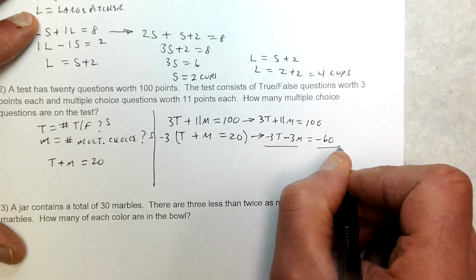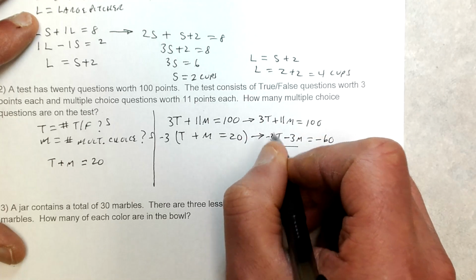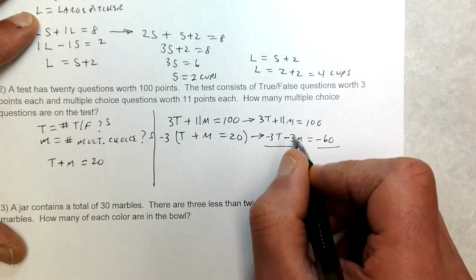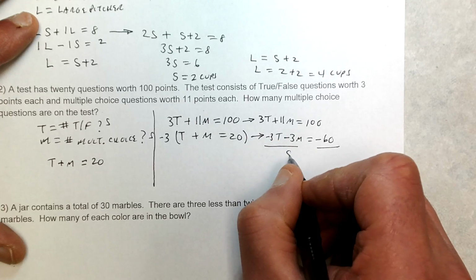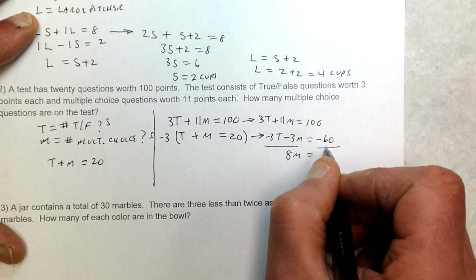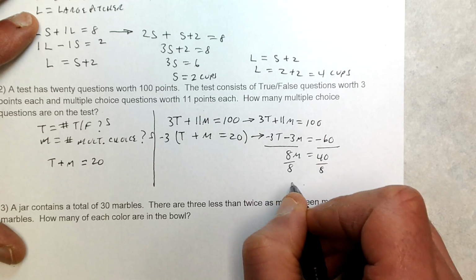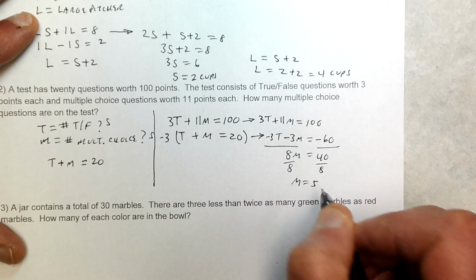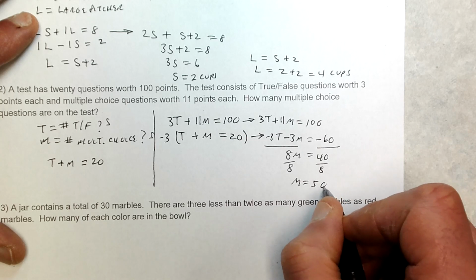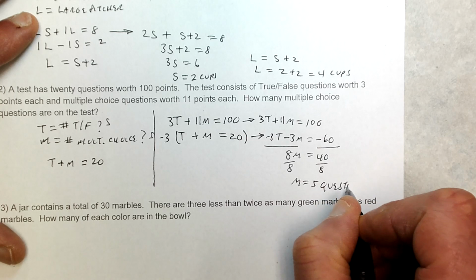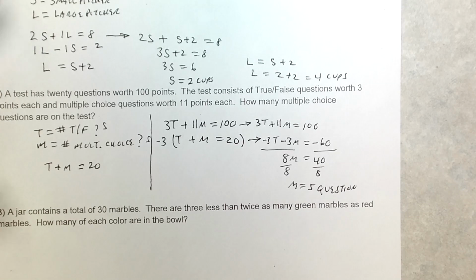Now I'm going to add. When I do that, the T column goes away, which we planned on. This gives me 8M equals 40. I divide by 8, and I get that the number of multiple choice questions was 5 questions, right? Not 5 points. 5 questions worth 11 points each.